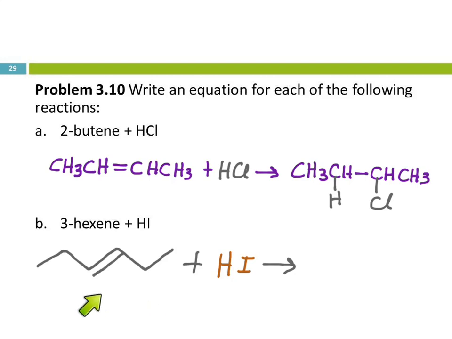So the hydrogen is going to add to one of these carbons of the double bond, and the iodine is going to add to the other one. And if we're going to keep with our line angle drawing, these are the carbons involved. One of them gets a hydrogen, and we're not drawing any hydrogen, so I'm going to leave him off. And then the other one gets an iodine.